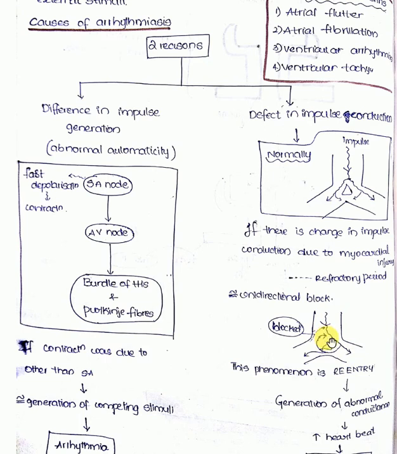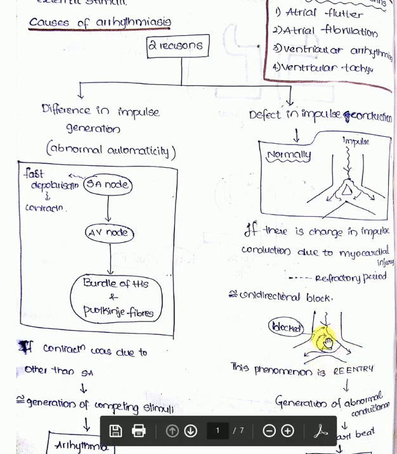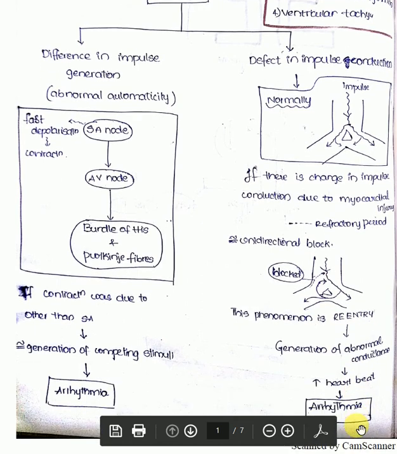So it is not giving a chance to the upcoming action potential to generate the contraction. As it is re-entering the original action potential, an abnormal contraction of the heart takes place. This phenomenon is called re-entry. It leads to generation of abnormal conduction, that is, the heartbeat is increasing.